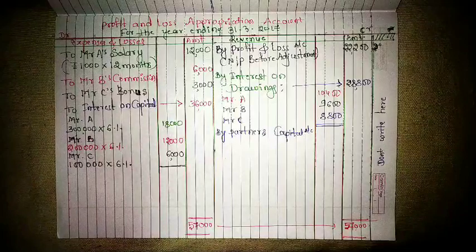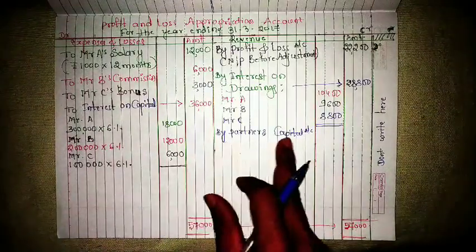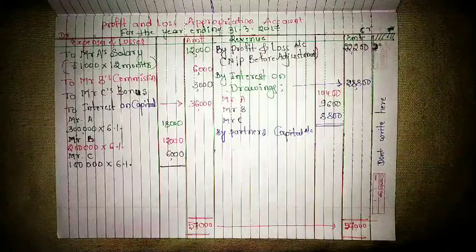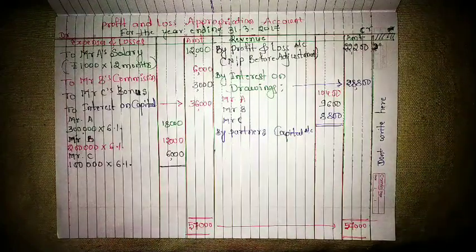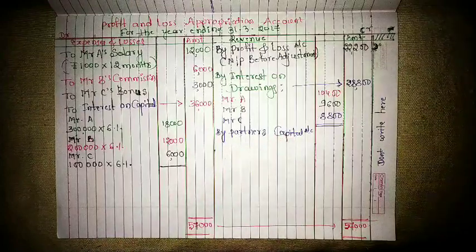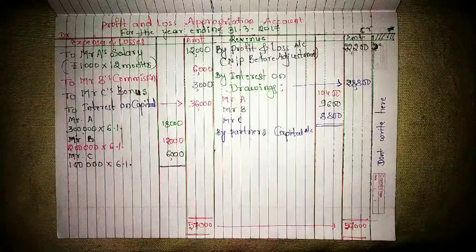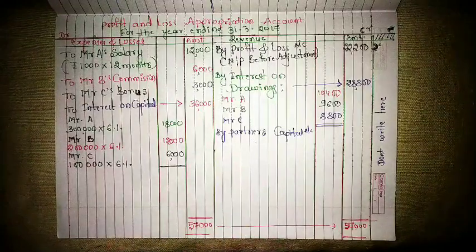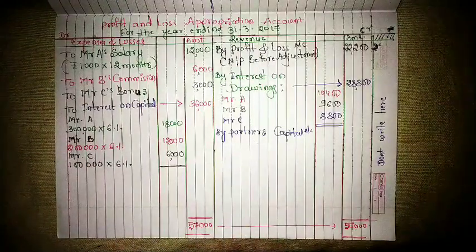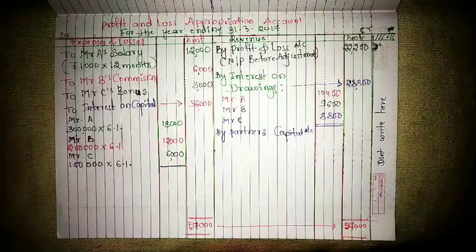Then we have to write here partners capital account. If it is given that fixed capital system, then we have to write here partners current account. In this question information is not given, that's why we have to write partners capital account, assuming partners capitals are under fluctuating capital system. Okay, now take the calculator once again.